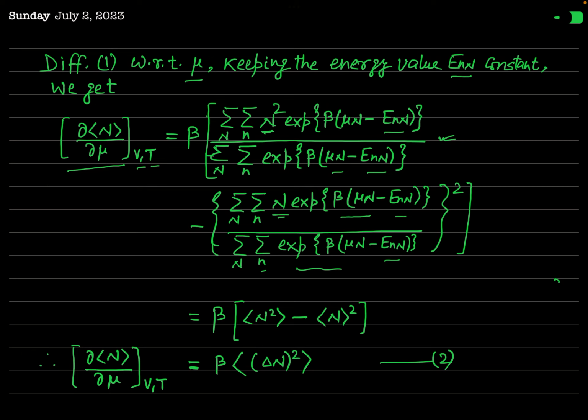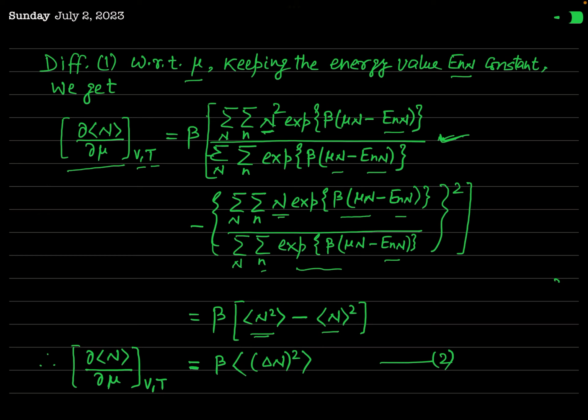So this will be simply beta, and in place of the first term we will write the average value of n square, minus, in place of the second term we will write the square of the average value of n. So del <n> by del mu at constant V and T is equal to beta times (average value of n square minus the square of average of n).